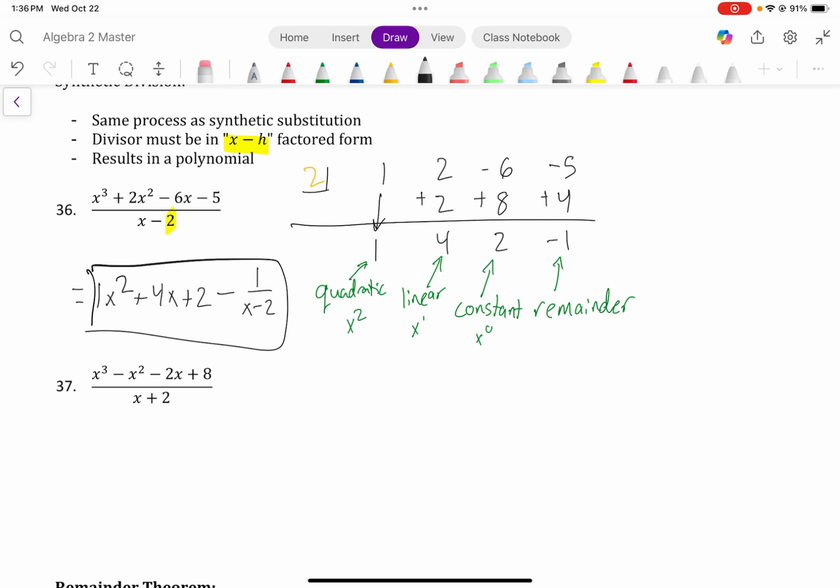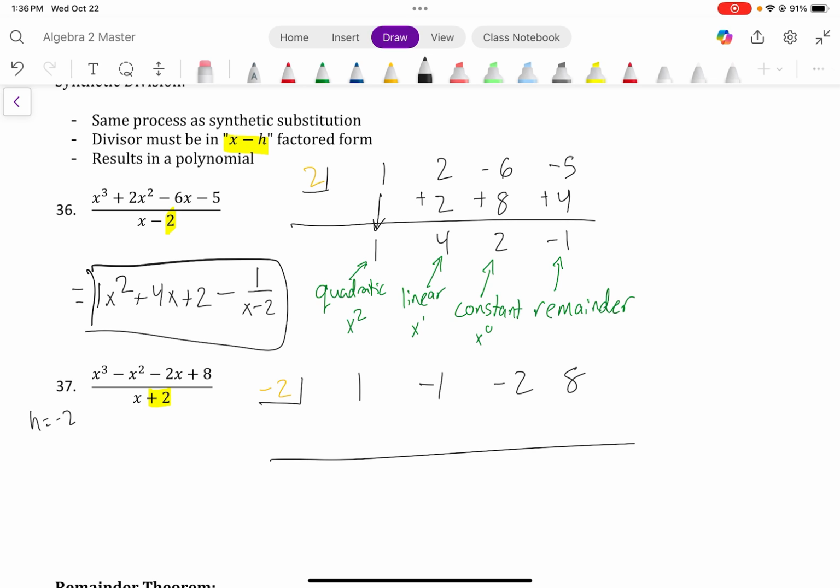Now in number 37 here, my h value is -2, okay? X minus h, so when it was x plus 2, that's like x minus -2. So in my little window, this time I have a -2, and then 1, -1, -2, 8, using those coefficients.